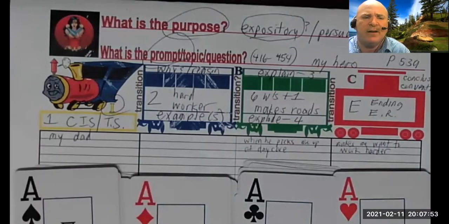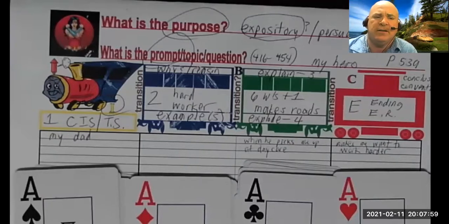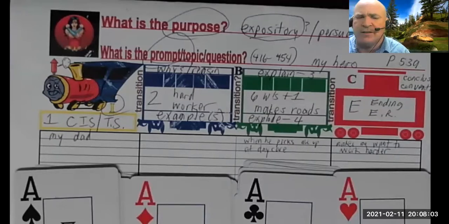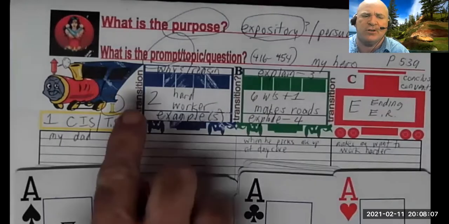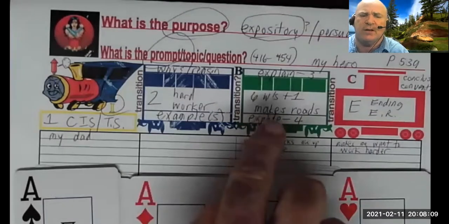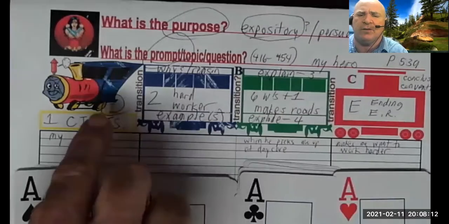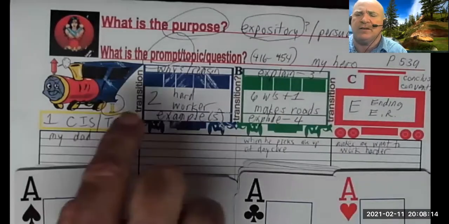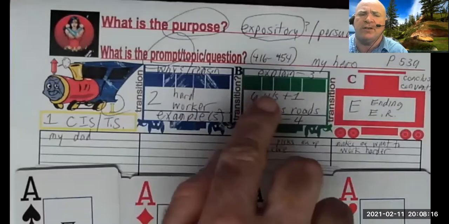And the reason I have that whistle on top is a whistle is an attention getter. Did there happen to be an attention getter? Are there transitions between each idea in the I, the introduction where the idea should be, the B, the body, blue and the green, and the C, the conclusion?